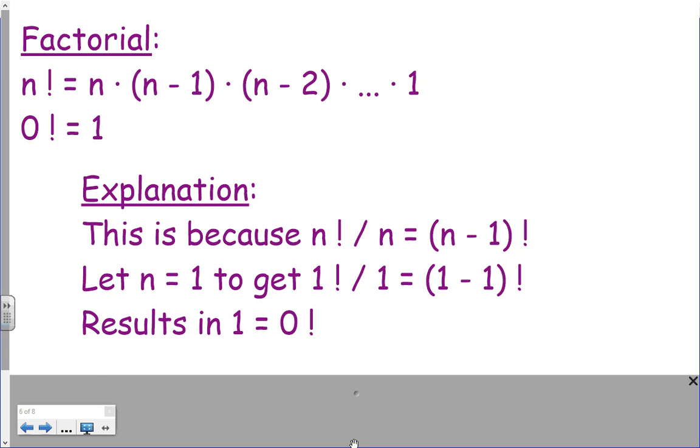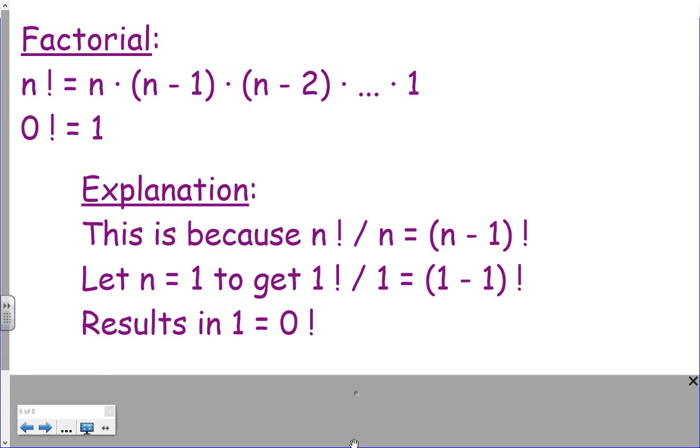By definition here, it turns out that 0 factorial is 1. 0 factorial is equal to 1. It's not 0. And the reason for that, that's what this explanation has here for us. If you took n factorial and divided it by n, it would turn out that's the same as n minus 1 factorial.